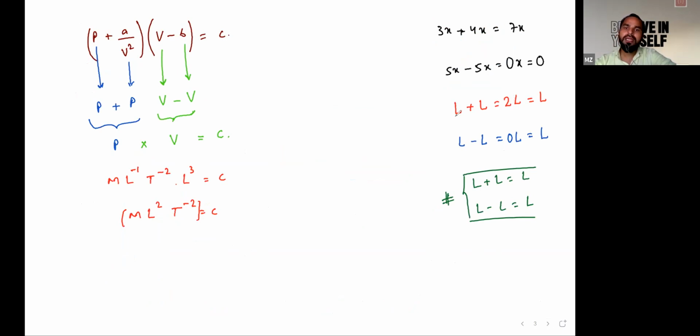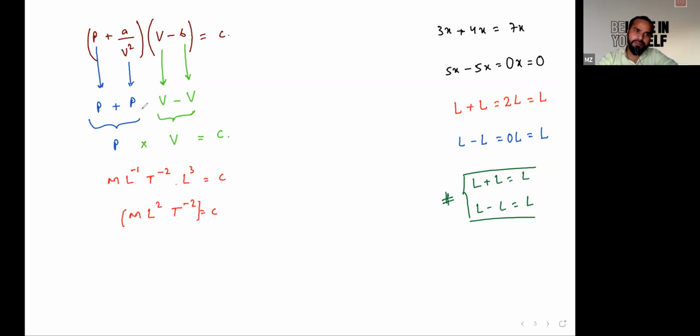So we can say L plus L would be nothing but L. Similarly, L minus L would be nothing but L. On the basis of this relation, we can define p plus a over v squared. If they are related with a plus sign, the dimensions of these two terms would be equal. So this first term is representing pressure, then the next part must be representing pressure on the basis of the principle of homogeneity.